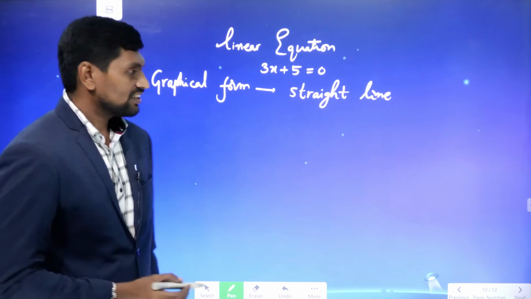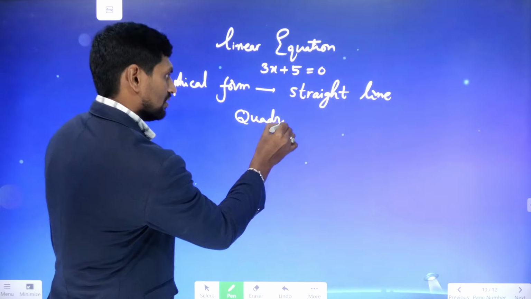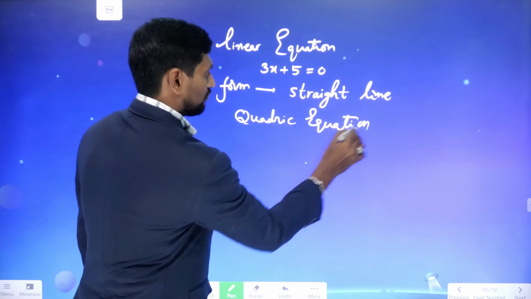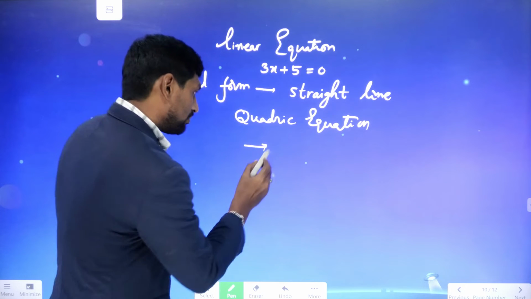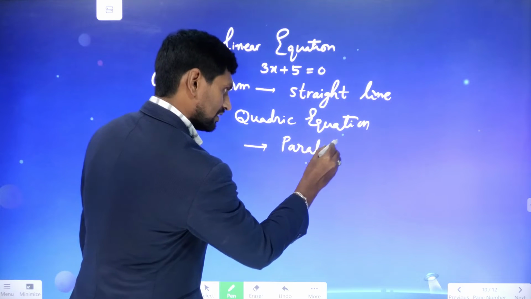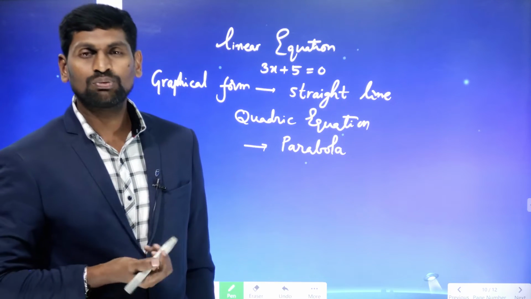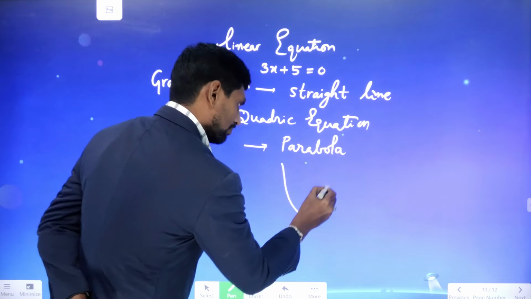You know straight line, right? Now what is the graphical form of quadratic equation in one variable? It is a parabola. You know the straight line, but what is parabola? This shape is called parabola.